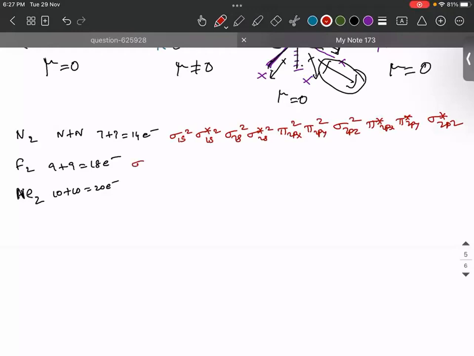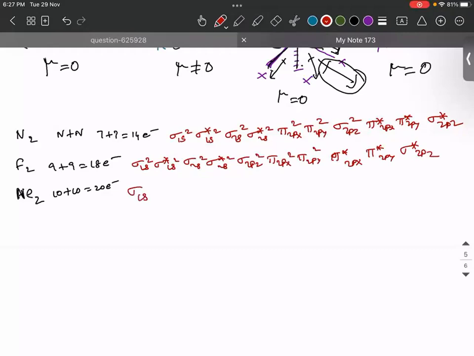Then beyond that: sigma 1s2, sigma star 1s2, sigma 2s2, sigma star 2s2, sigma 2pz2, pi 2px2, pi 2py2, pi star 2px, pi star 2py, sigma star 2pz.